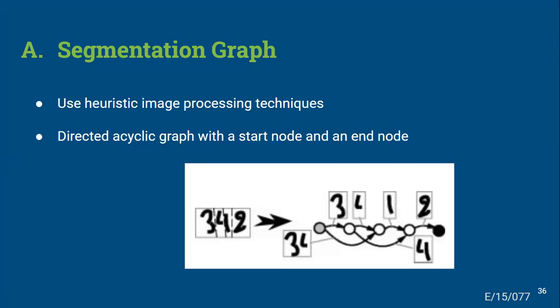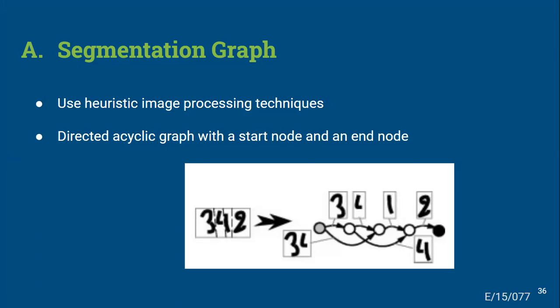In the figure shown here, you can see a number of candidate cuts are generated. Good candidate locations for cuts can be found by locating minima in the vertical projection profile. After the cuts have been generated, alternative segmentations are best represented by a graph.